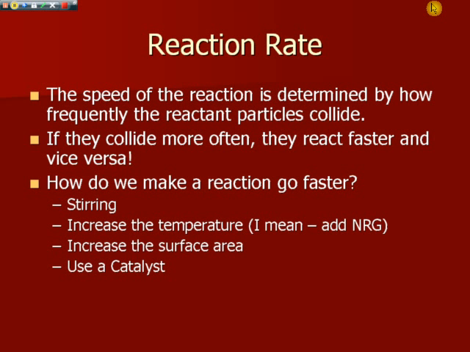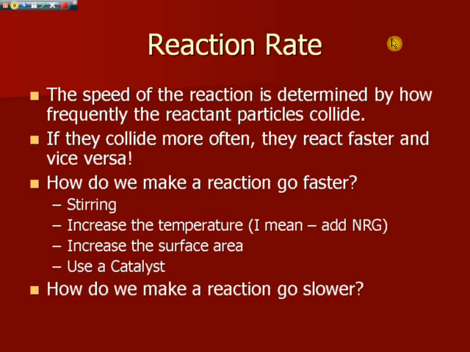But once the reaction has taken place, the catalyst then lets go and it goes back to normal. The important thing to remember is that a catalyst speeds up a reaction, but it does not actually get consumed in the reaction. So the total amount of catalyst that you had at the beginning is the same as the catalyst that you have at the end. The catalyst does not change. It simply allows the reaction to take place faster.